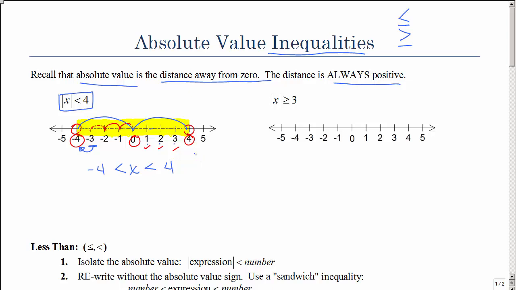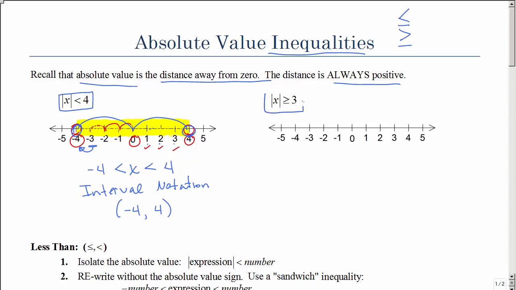The easier way to write that answer is in interval notation. And remember, we used that when we were looking at the domain of a function earlier. So we could say from negative 4 to positive 4. And remember, we use the parentheses because of the open circles.